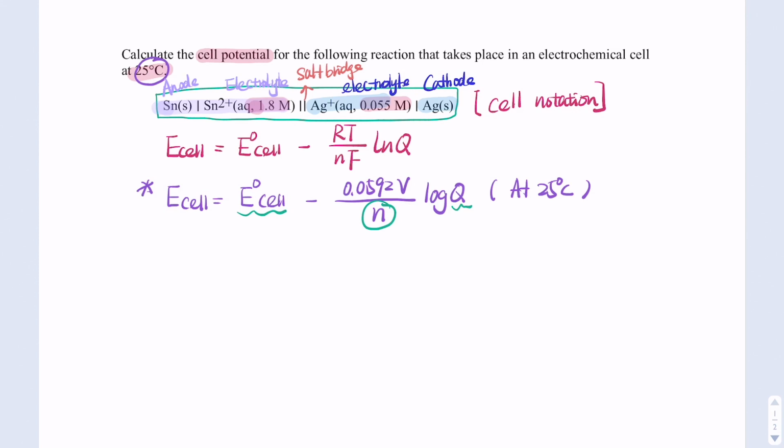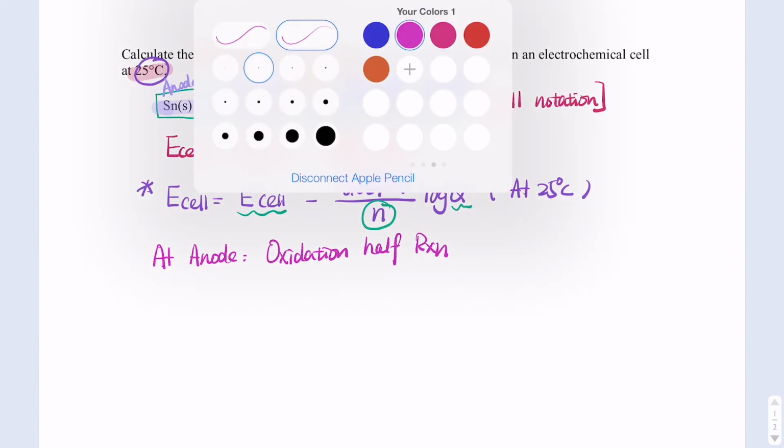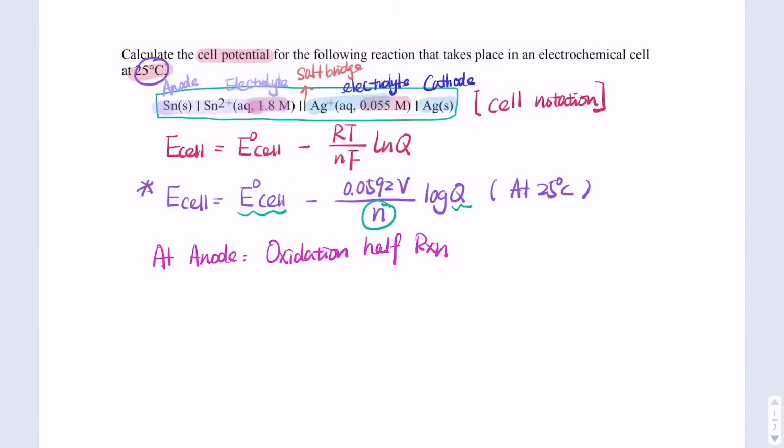Besides that, we know that at the anode, the oxidation half reaction happens, and at the cathode, the reduction half reaction happens.